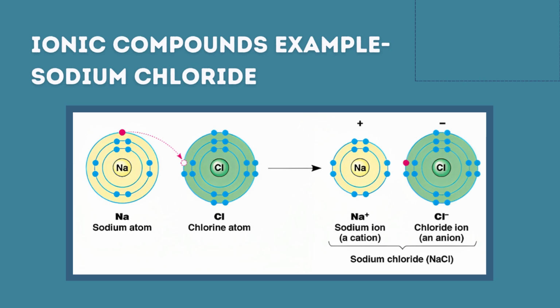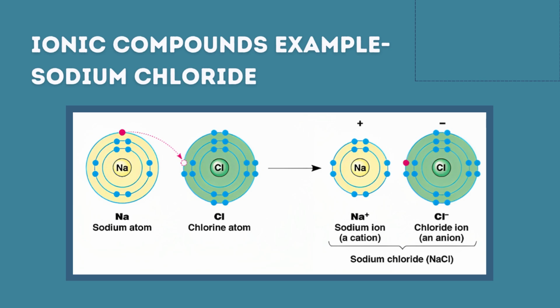Ionic compounds are formed by the transfer of electrons from one atom to another, resulting in the formation of ions with opposite charges. An example of an ionic compound is sodium chloride, or NaCl, commonly known as table salt. Sodium has one valence electron that it donates to chlorine, which has 7 valence electrons.